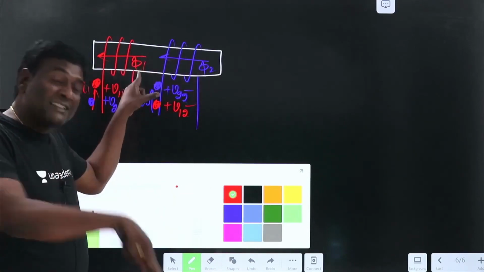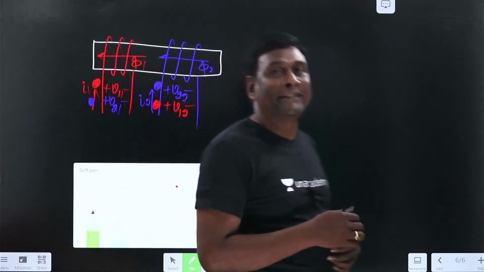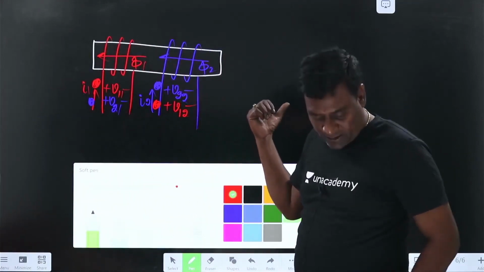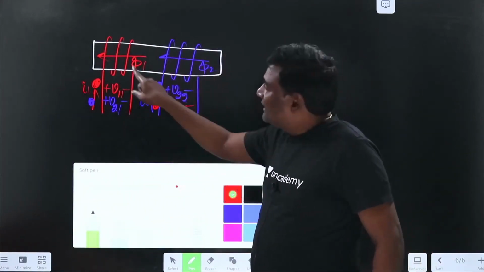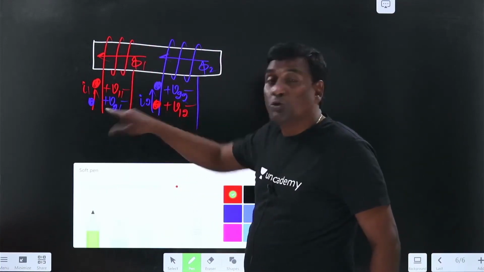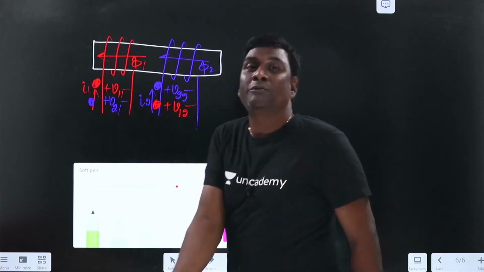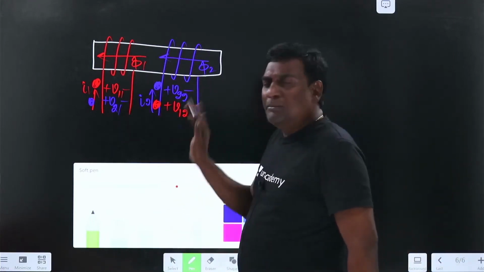Without knowing the direction of fluxes, how do we find induced voltage polarities? Because if phi 2 is in the opposite direction, which I'm about to show in the next example, then the net flux is going to be reduced. So the net induced voltage should be reduced, meaning my mutual induced voltage should be against the self-induced voltage. Got my point, right? Anyway, for the time being it's enough.